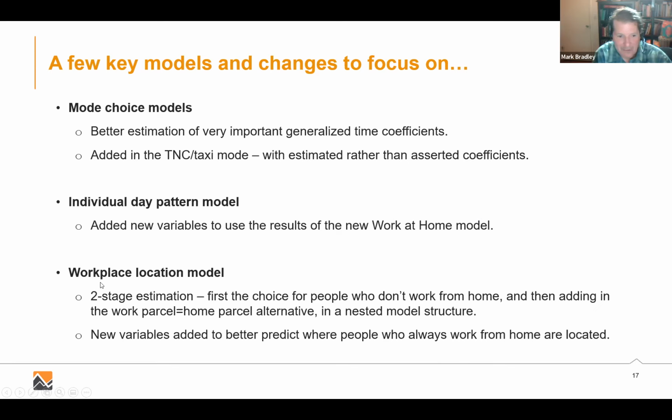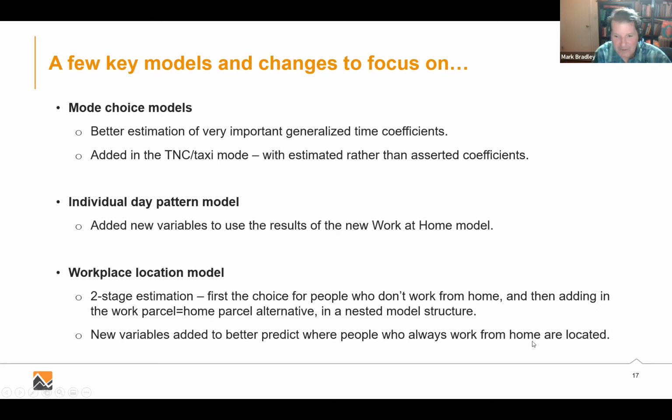Okay, so we did add some new variables for the work from home, where people always work from home, which is part of the workplace location model. And based on land use, we added some variables that get them located a little more accurately.